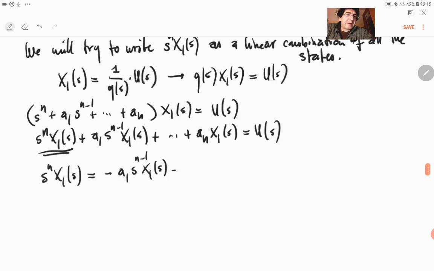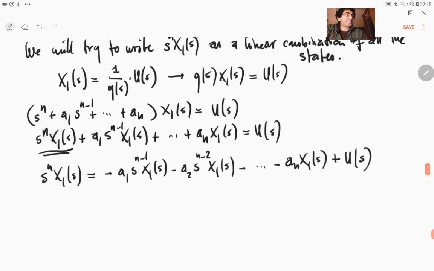Minus a2 s to the n minus 2 x1 of s, minus up to minus an x1 of s, plus u of s.